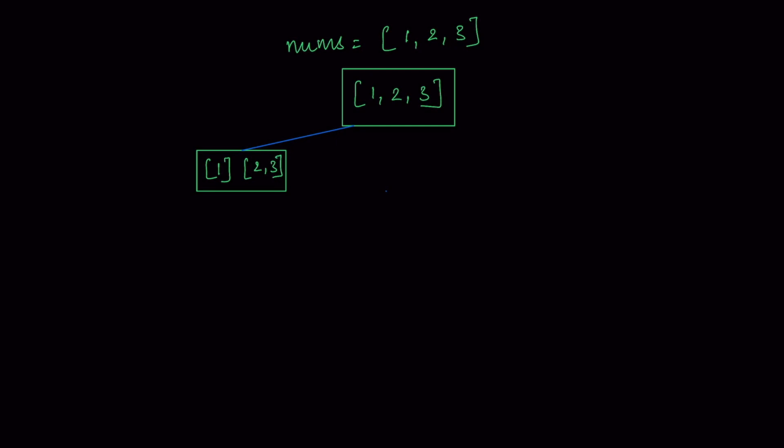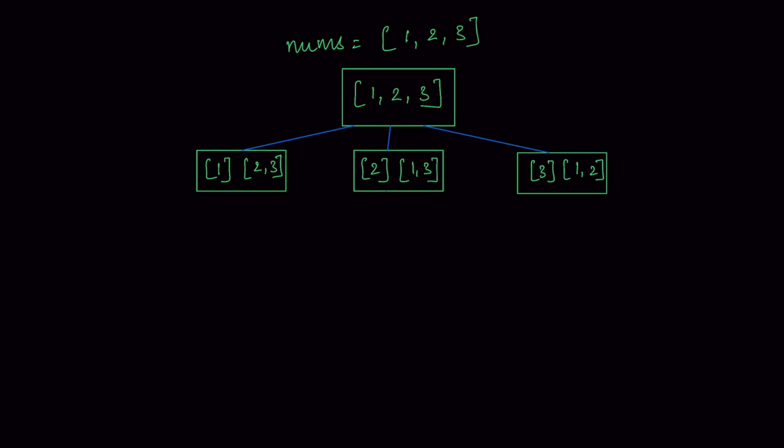Here 1 represents the permutation, and 2, 3 is the remainder of the nums, which means that not all the nums are utilized. The second branch is going to be 2 and 1, 3, and the third branch is going to be 3 and 1, 2.